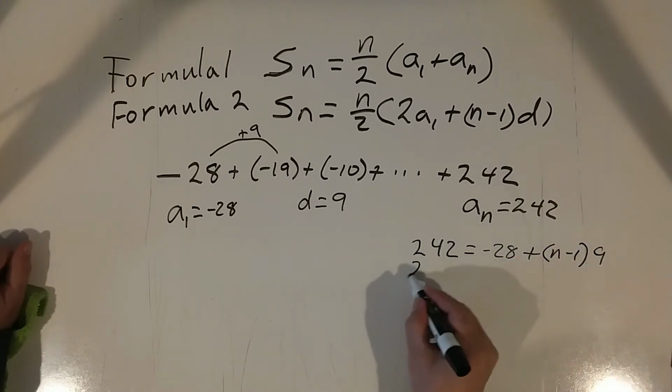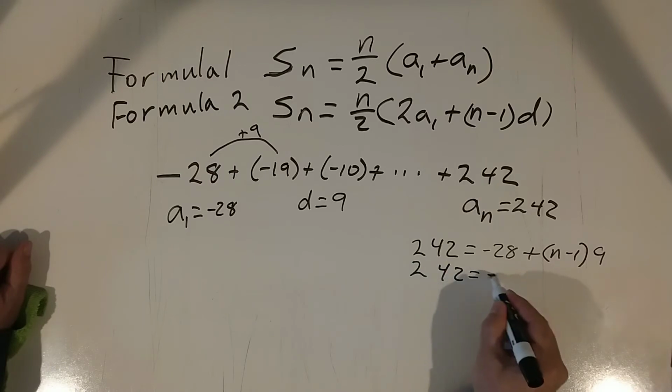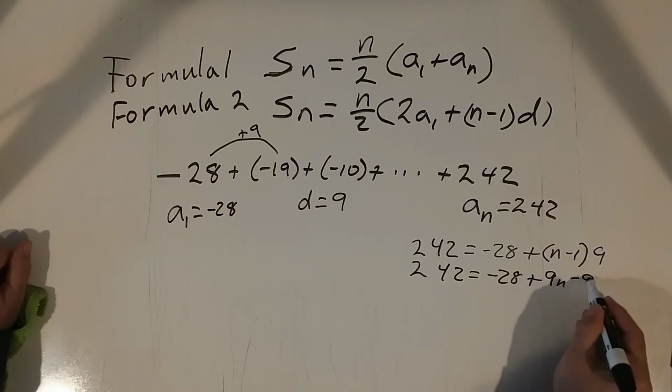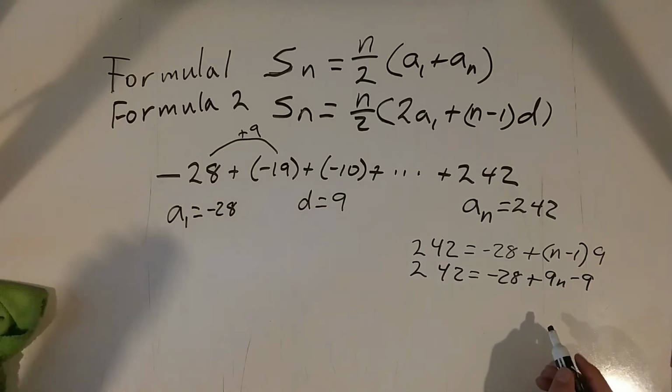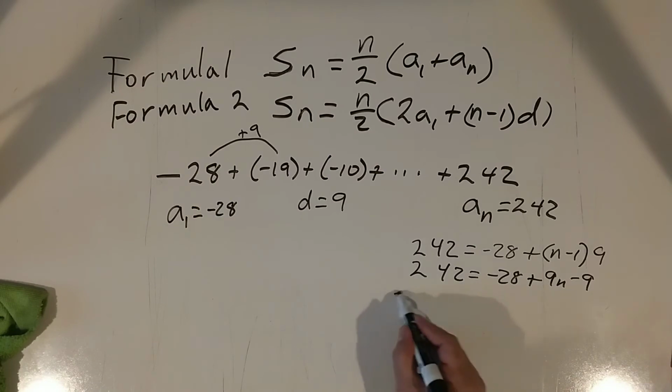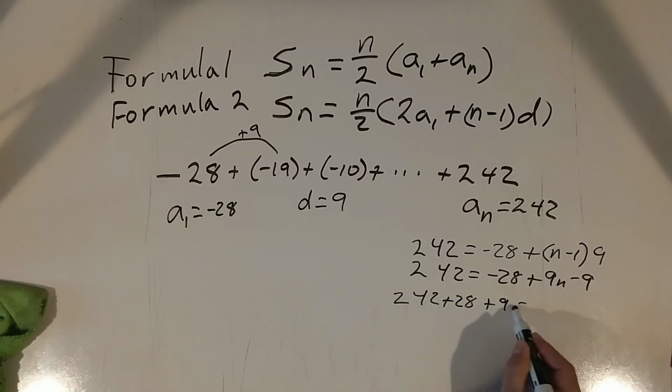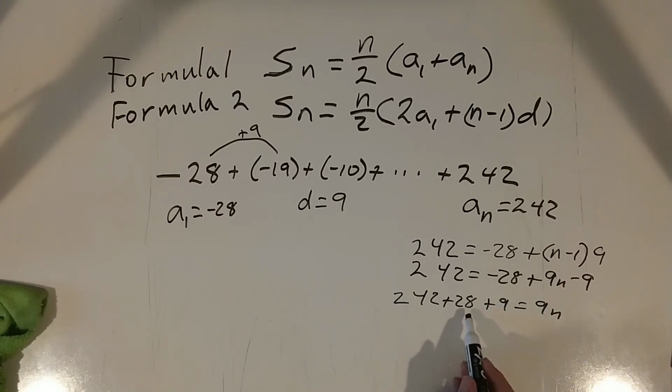So 242 equals negative 28 plus 9n minus 9. So 242 plus 28 plus 9 equals 9n. And this is 270 plus 9, 279 equals 9n. So n equals 31.